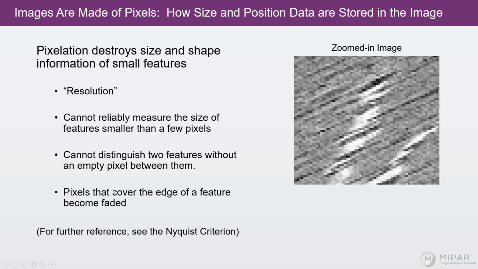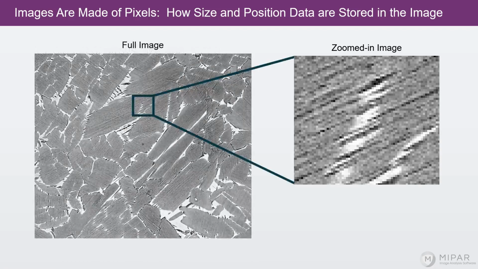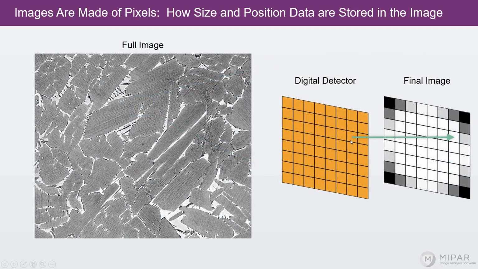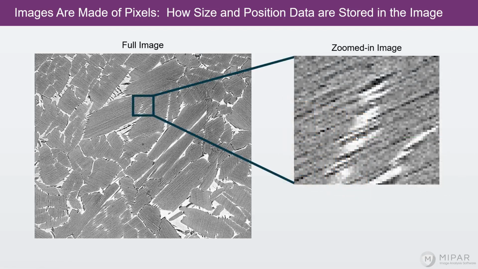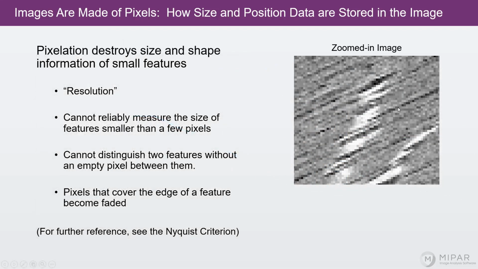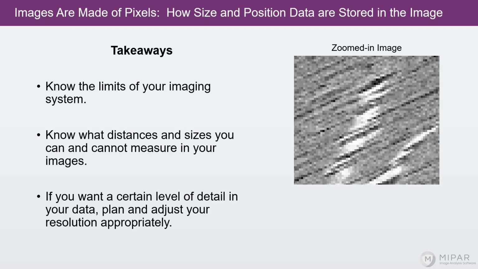And lastly, pixels that cover the edge of a feature become faded, because only half of the detector will then get illuminated with that piece. And so all these gray values that you see here are because of that. So really what you have to do is know the limits of your imaging system.